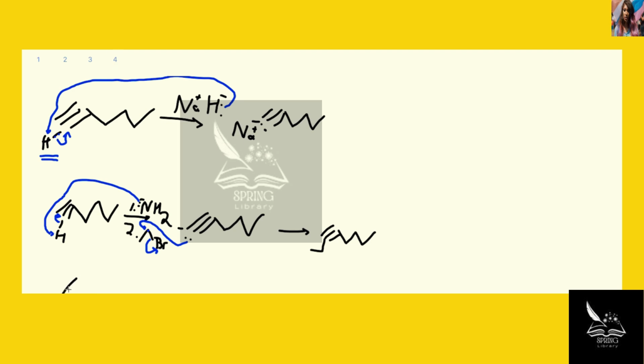Once again, we use this nitrogen to deprotonate our alkyne to form a carbanion, and then the carbanion will act as a nucleophile to hit our electrophile.